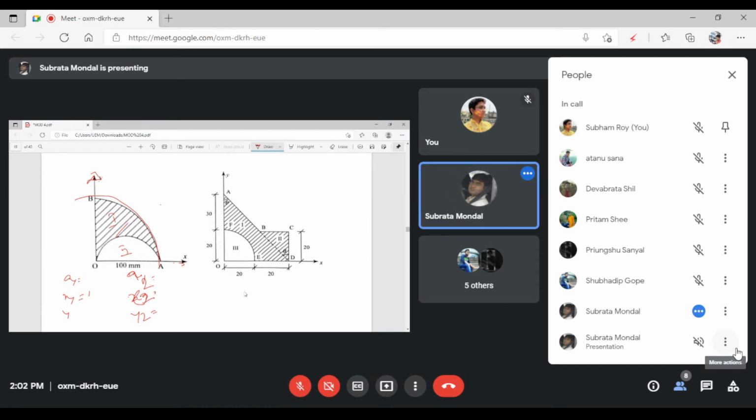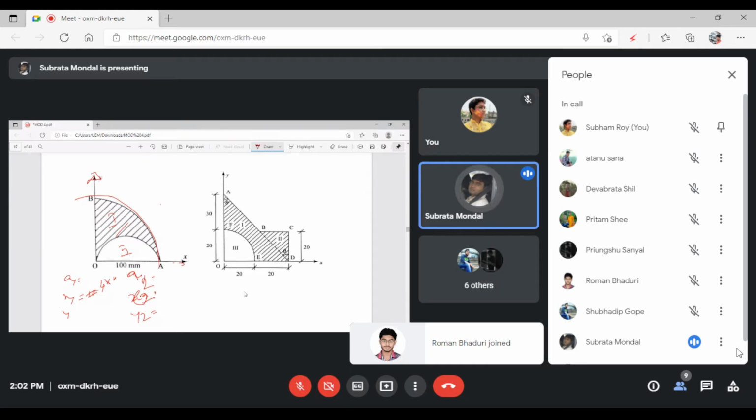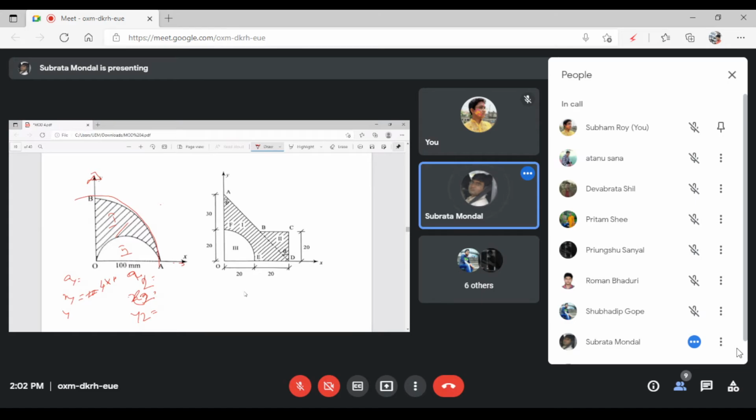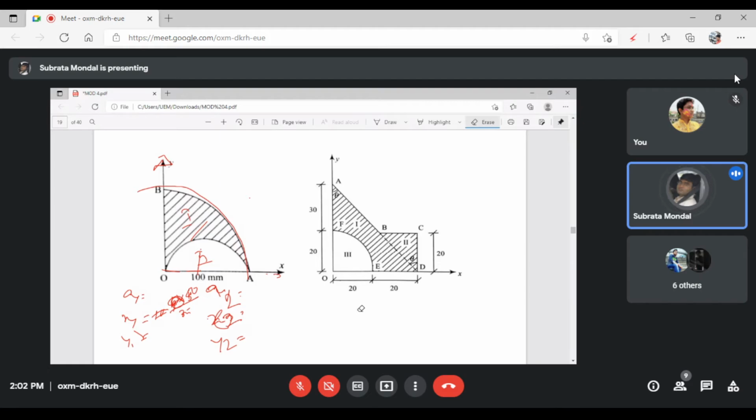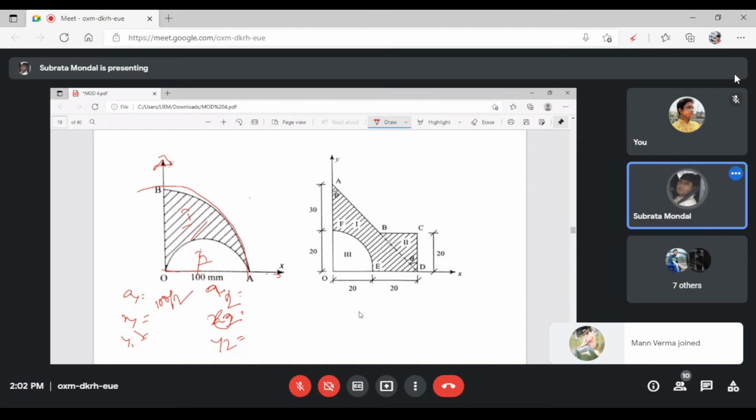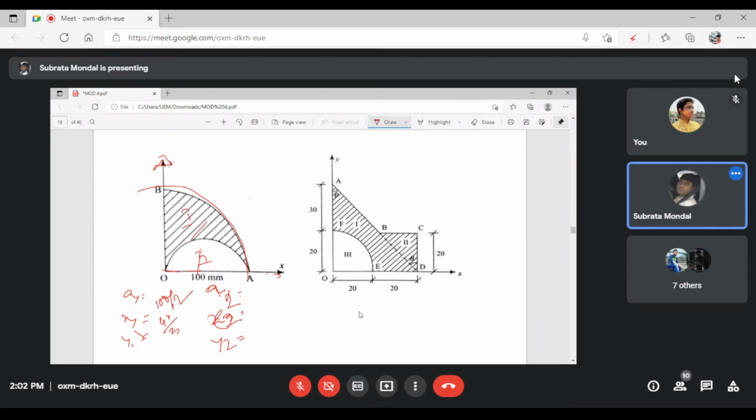So x1 will be 4r by 3 pi, where r is here 50. Sorry, I am doing the wrong thing. x1 is 100 by 2, and y1 is simply 4r by 3 pi.